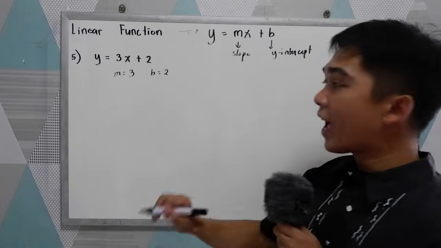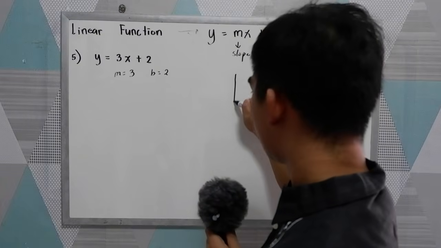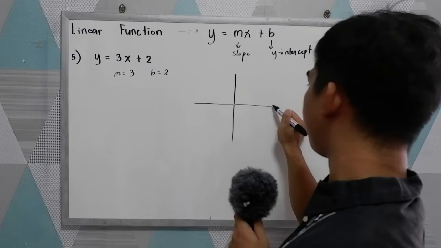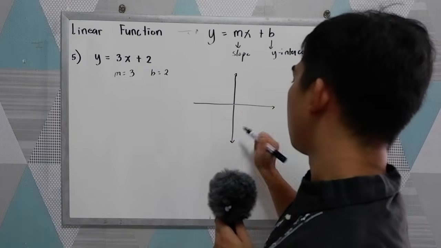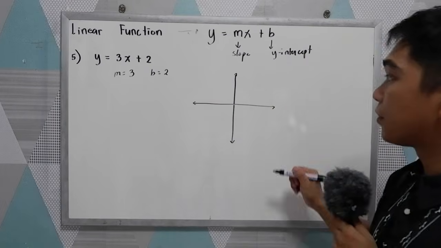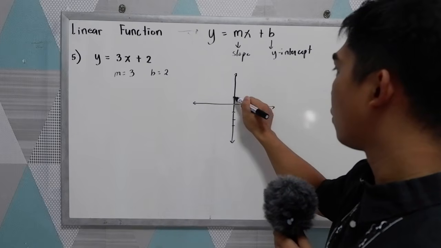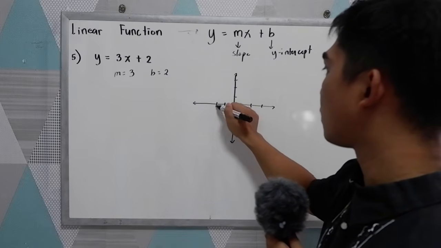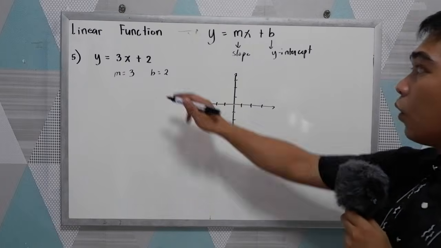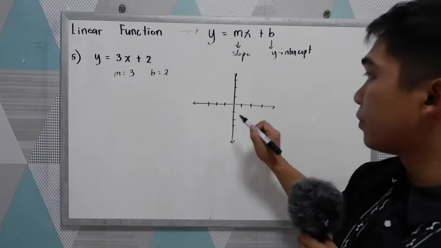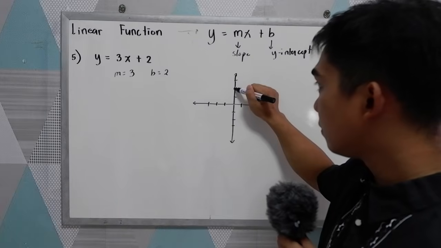If we're going to graph that, we have this form. Y-intercept, +2, so +2.